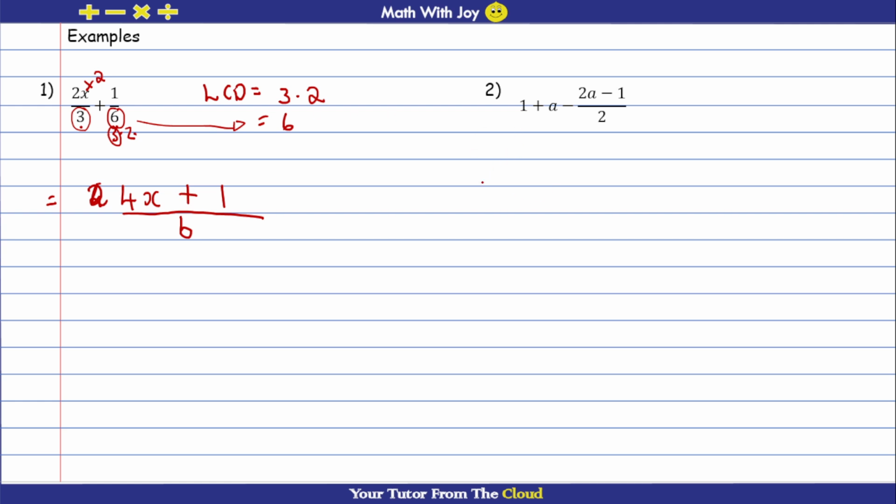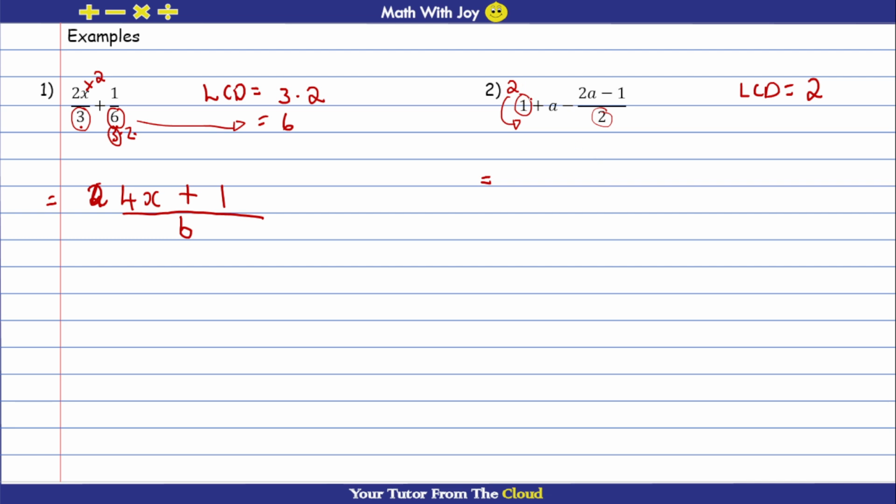Now, number 2. For the LCD, we need to look at all the denominators, which is only 2. This is the only denominator you have. So the LCD is 2. That means that the numerators must be multiplied by 2. So this term will be multiplied by 2, because I need to multiply its denominator by 2 for that denominator to look like the LCD.